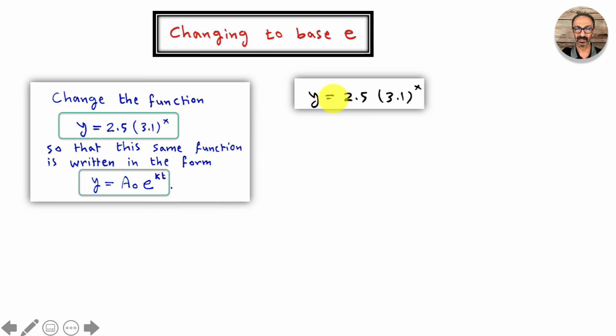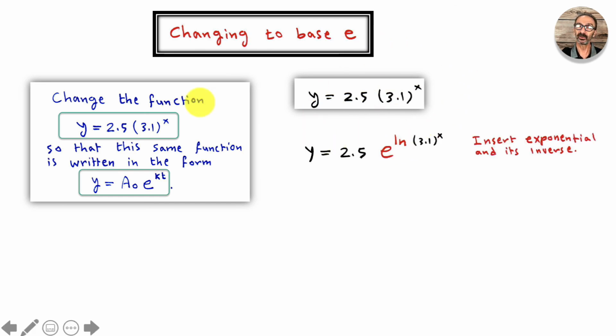That's what we're given. Take a look at this. This is simple and not really hard at all. Take a look. You could rewrite it this way. If you want to go back to verify, look, e to the power ln, that's exponential with base e, and ln is the log, the natural log with base e.